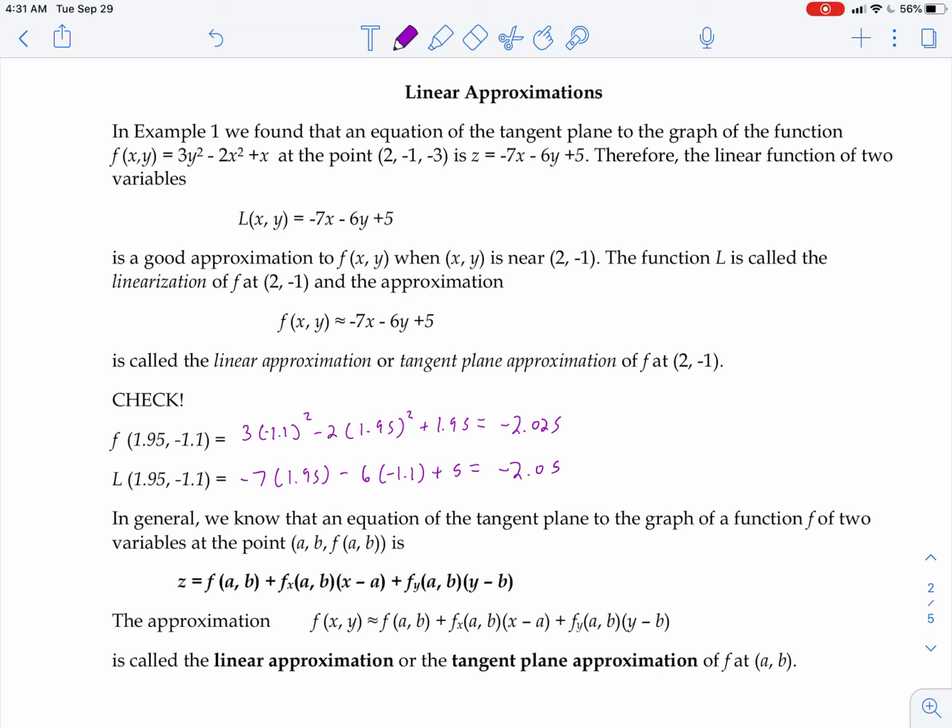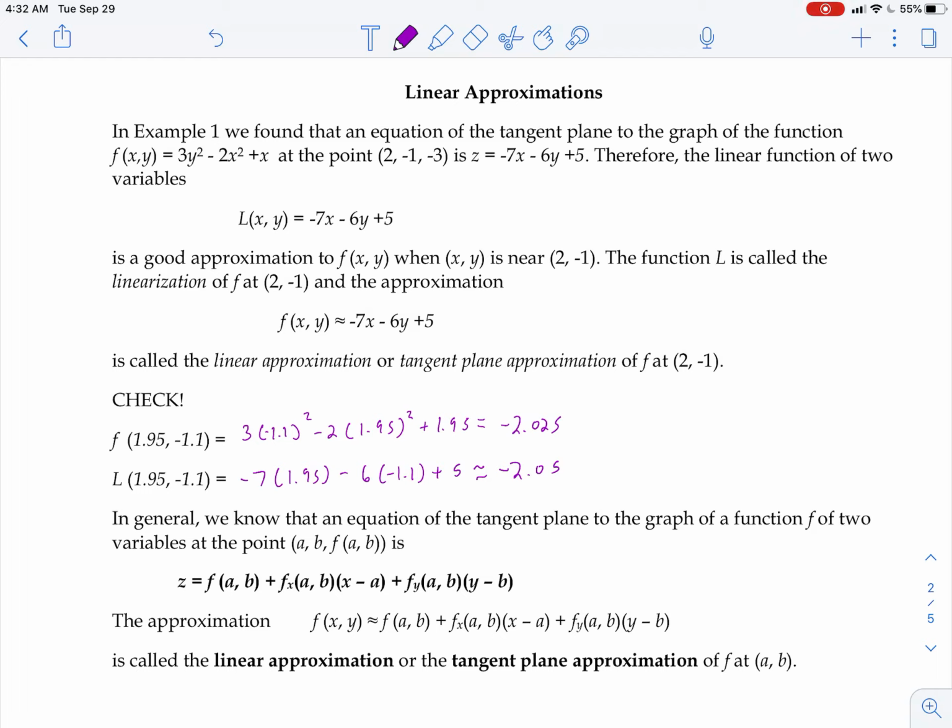And doing the math, we get -2.05. So very, very close to what the function actually gives at that value. That's what you expect for a linear approximation. And because it's an approximation, you should have put the squiggles there.